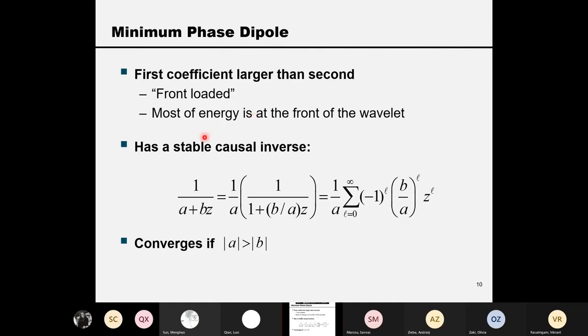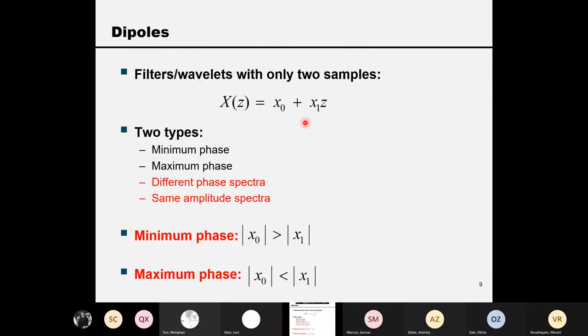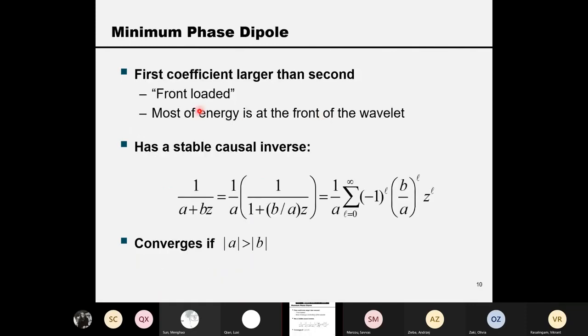So the most energy is in the front. If we go back to the previous example, basically the energy means squared, so x0 squared is larger than x1 squared, right? This is called energy front-loaded.